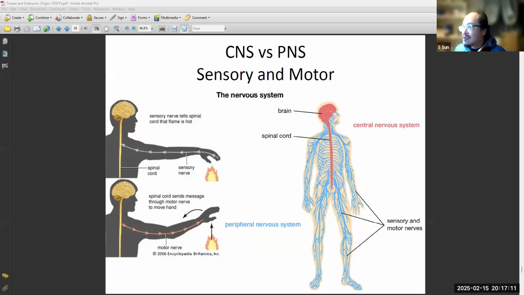The peripheral nervous system is the one in the periphery. In the peripheral system, there are two types of nerve. One is sensory, to sense environmental stimuli, such as touch, heat, vision, smelling, and hearing. Those are the sensory. The other category is called motor. This one controls your muscle. So that's the nerve.